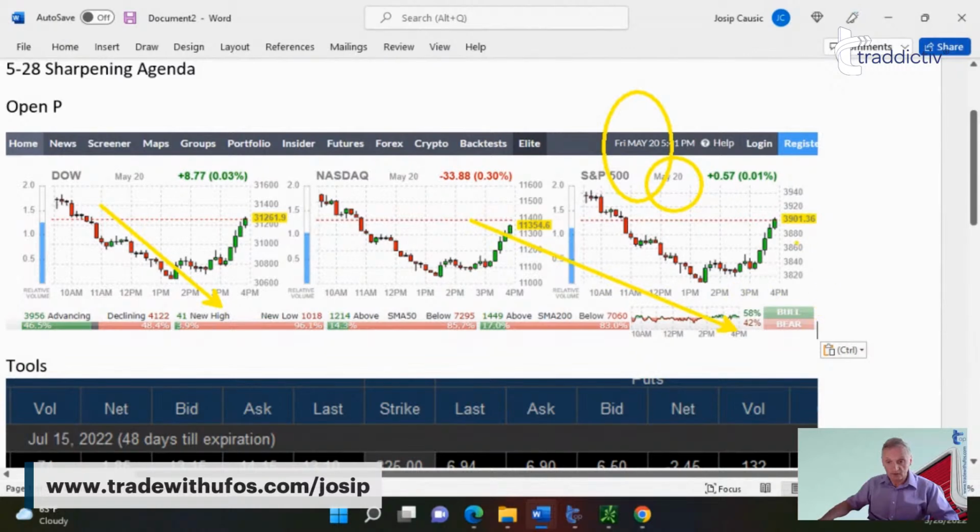SPY was down quite a bit. And look at the recovery from 3820 to 3900, an 80 point move to the upside that has taken place within, I would say, the last hour or 40 minutes.